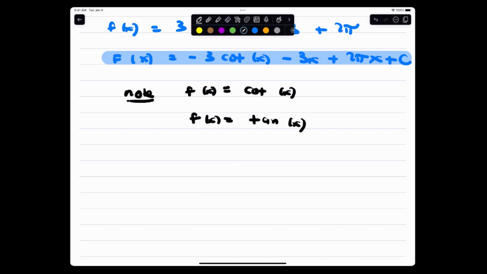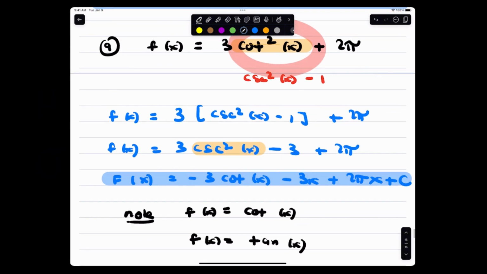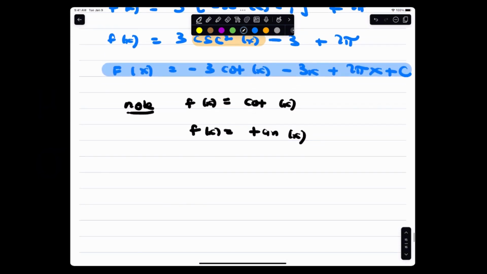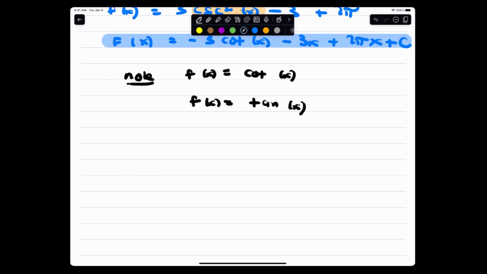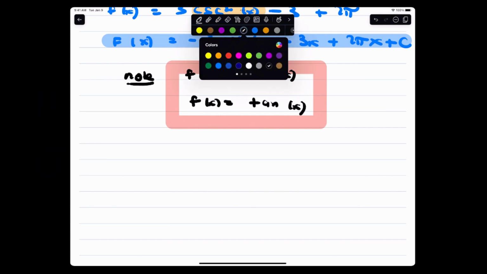So you'd have to find the antiderivatives of these functions. And you might say, boy, I can do sine and cosine. What about cotangent and tangent? You got to take calculus what? 2. So you got to come back next semester.